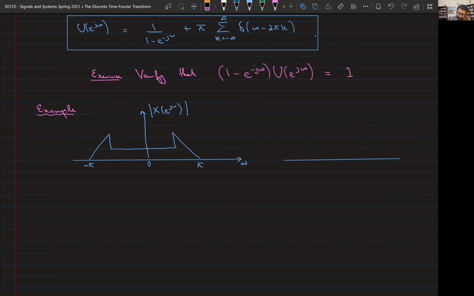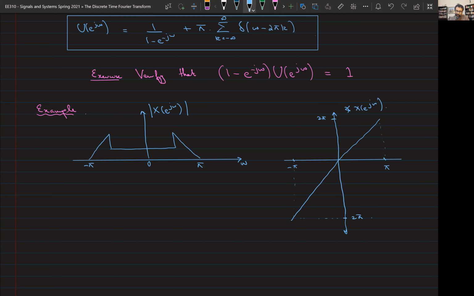And this is the phase plot. This is the phase of x of e raised by j omega. And what the phase looks like is the following. So this is pi, and this is minus pi. So this is just a straight line. And this is 2 pi, and this is minus 2 pi.